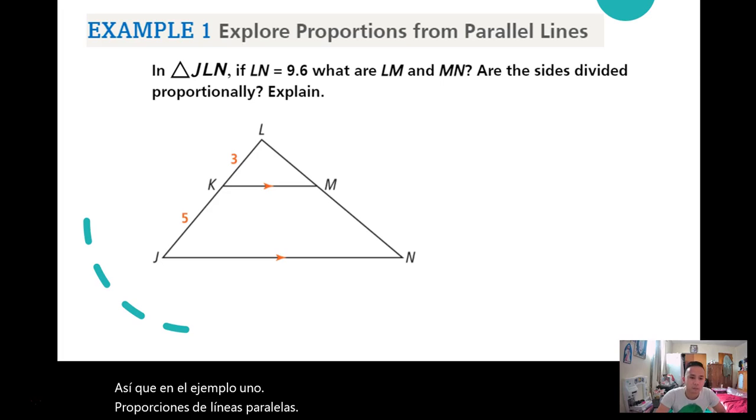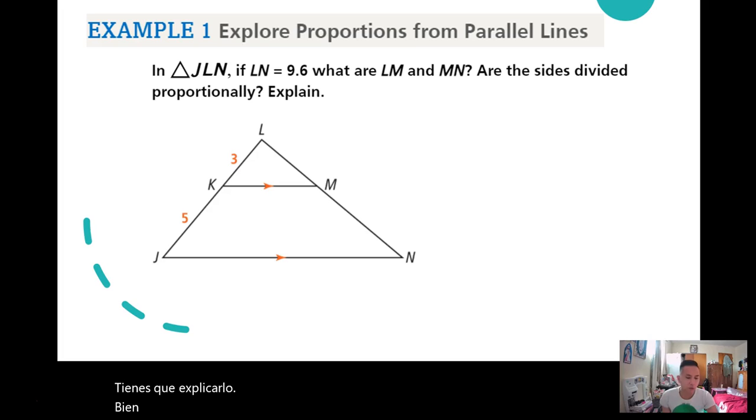Example 1. In triangle JLN, if LN is 9.6, what are the measurements of LM and MN? Are the sides divided proportionally? You have to explain.